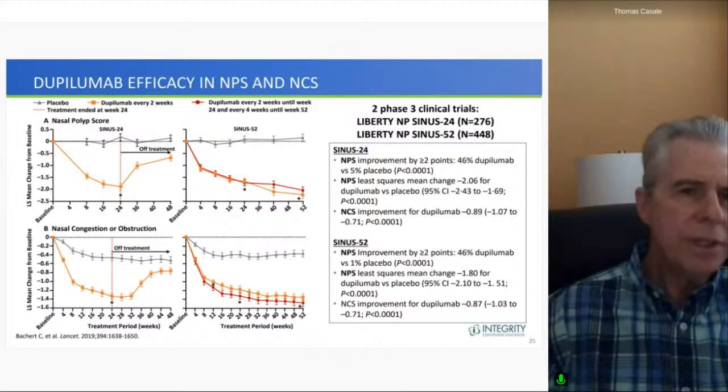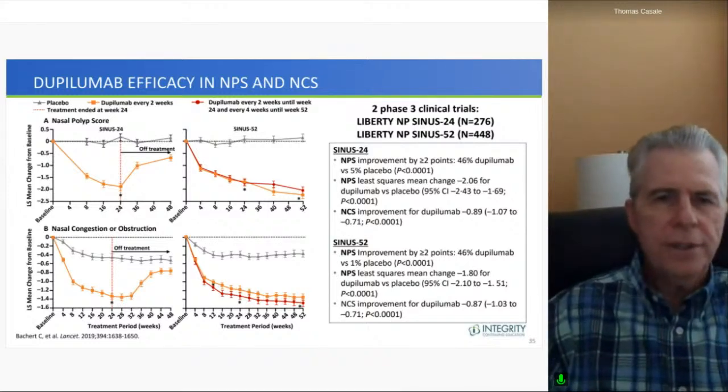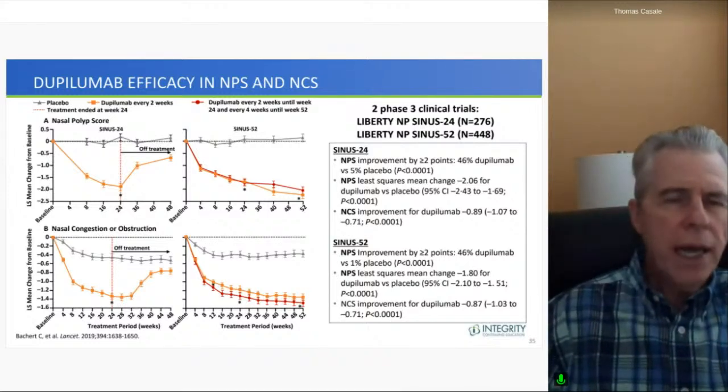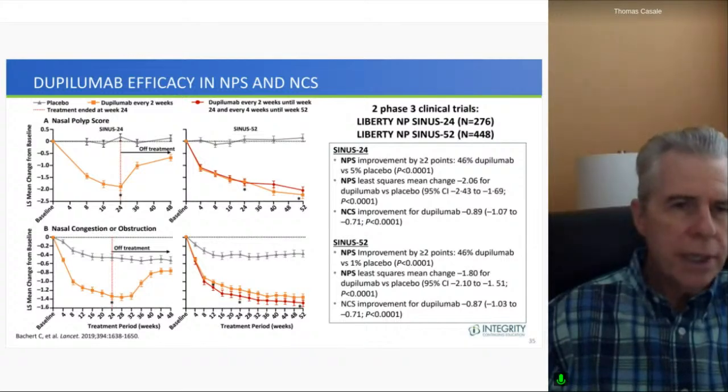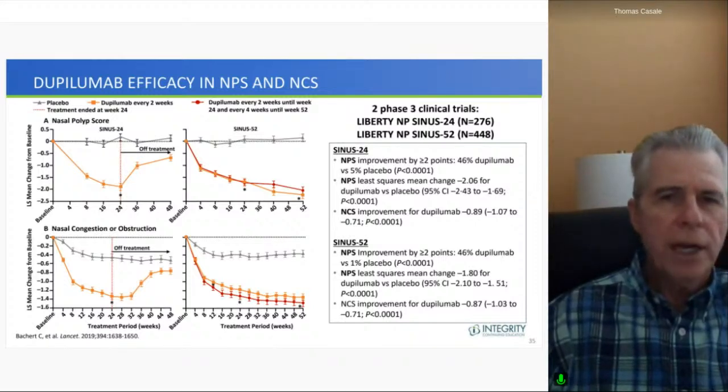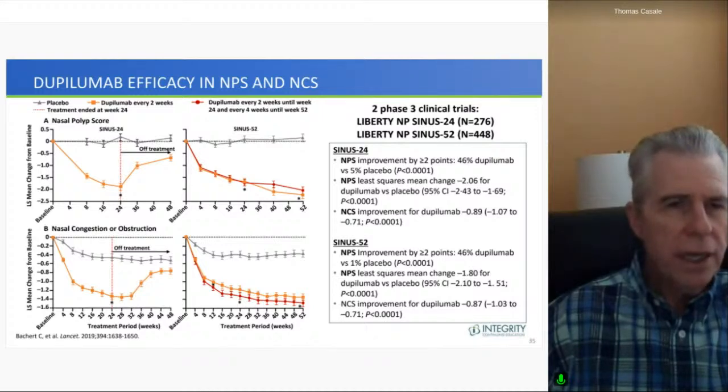And I think what you could appreciate from this is that when you look at the polyp score and the nasal congestion obstruction score, you get a pretty marked improvement that occurs very rapidly. And in the nasal polyp score, you decrease that score by 2, which is clinically meaningful as well as statistically significant.